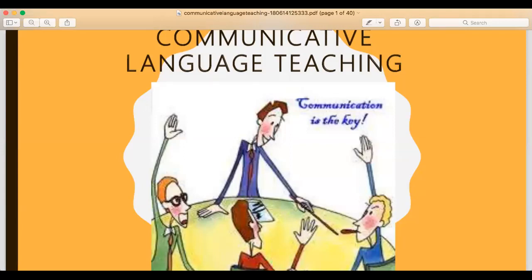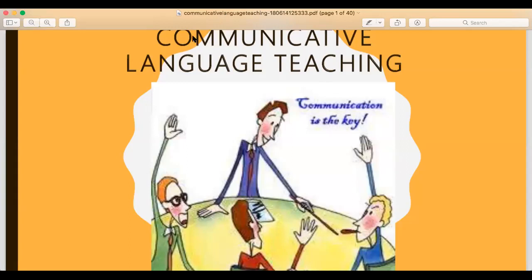All those methods tried to develop communicative competence among the learners of the second language, but we saw the failure in all of these methods. They did not come up with the desired results. Therefore, in the 80s, this methodology was developed. And since it is one of the most modern methodologies of language teaching, it is still in practice.